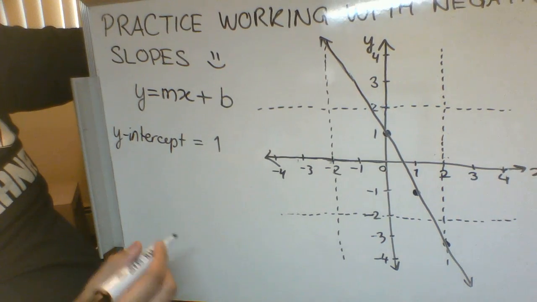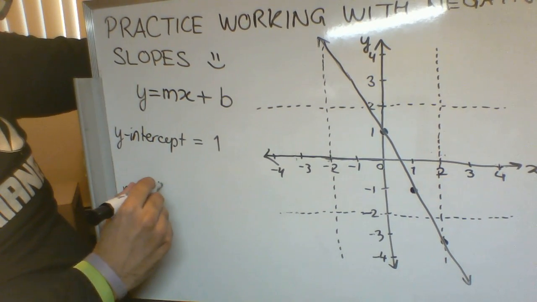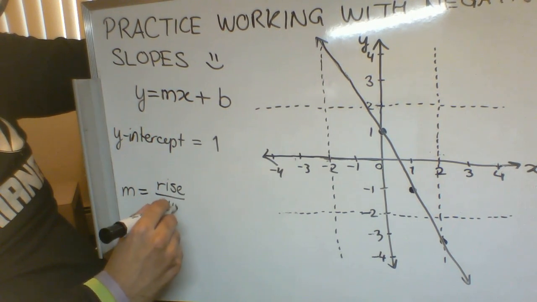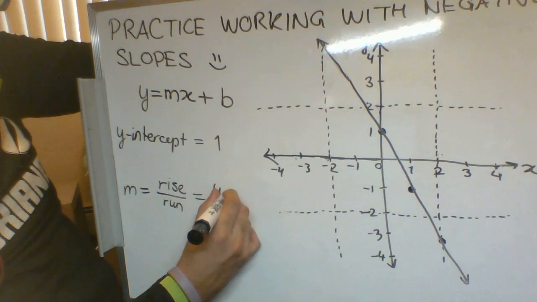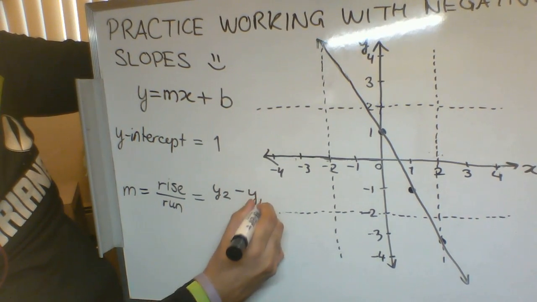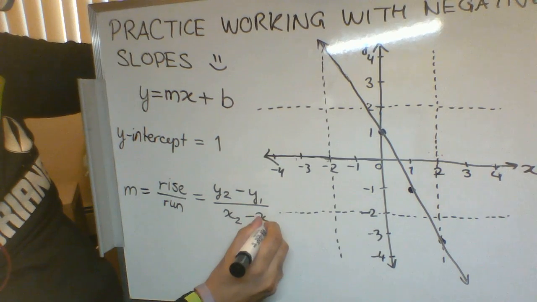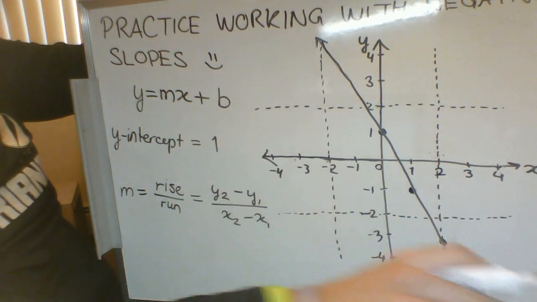Now for our slope, we know our slope is equal to rise over run. Right? But we can also write that the other way, the more mathematical way, which is y2 minus y1 over x2 minus x1.